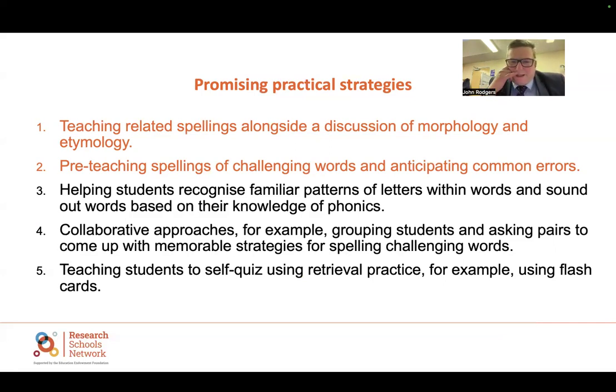Helping students recognize familiar patterns of letters within words is obviously much more common in phonics work, particularly at primary school and early years, but could be quite helpful. Collaborative approaches, for example, grouping students, asking pairs to come up with memorable strategies for spelling challenging words.